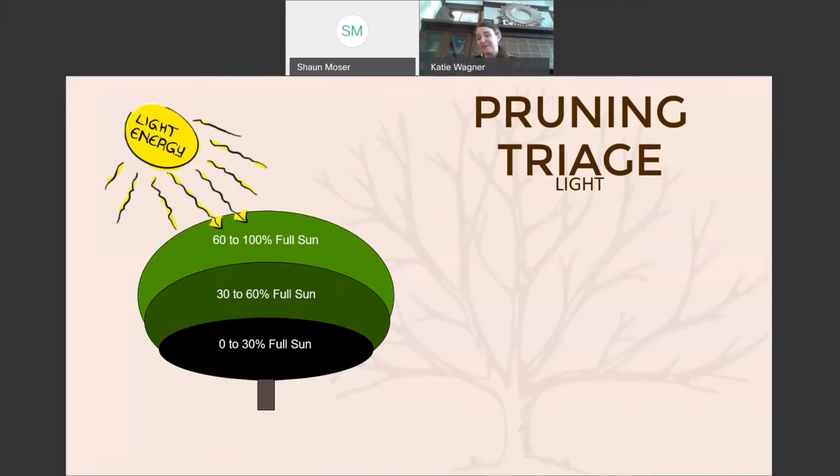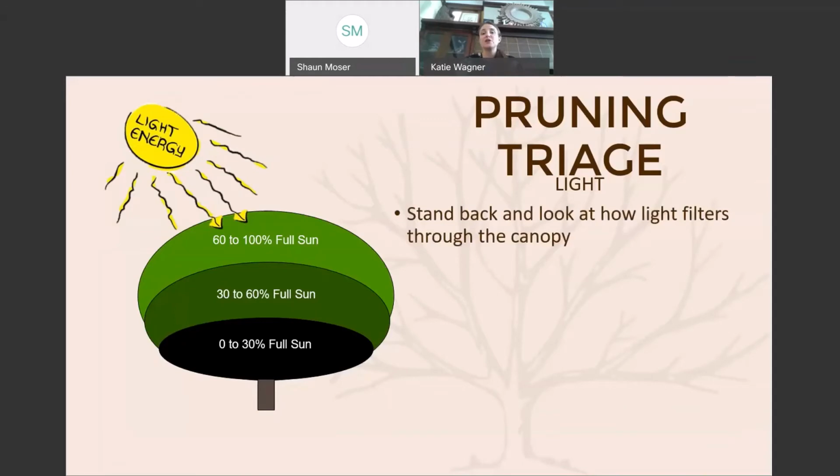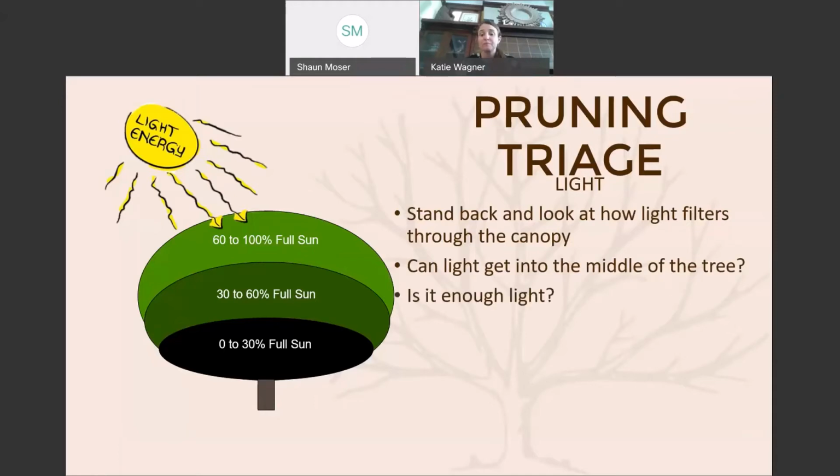So we're probably not getting much fruit in the lower portion of the tree. So you want to stand back and look at how the light is filtering through the canopy of the tree and say, how can I get more light in the middle of the tree? We talked about with the apples and pears, remember, we're maybe trying to get less of this rounded canopy and get it into more of a pyramid shape. Is it enough light?